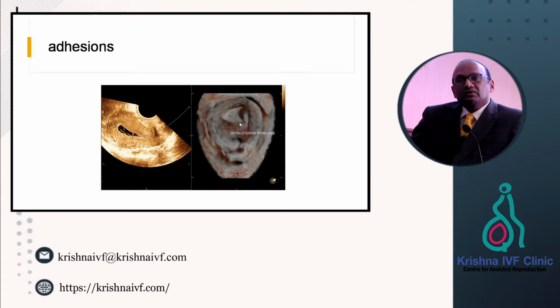In the uterus, unless you carefully look for an abnormal endometrium, you might miss synechiae, and then you might have a thinner endometrium and think that the endometrium is slightly thin and that's why I didn't have an implantation. So a proper workup of the endometrium before an IVF cycle is very important.